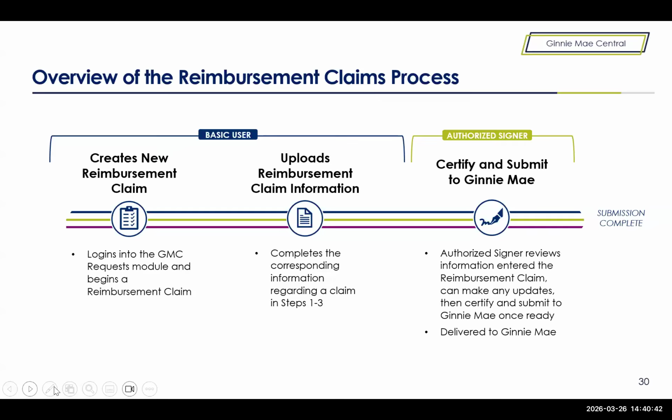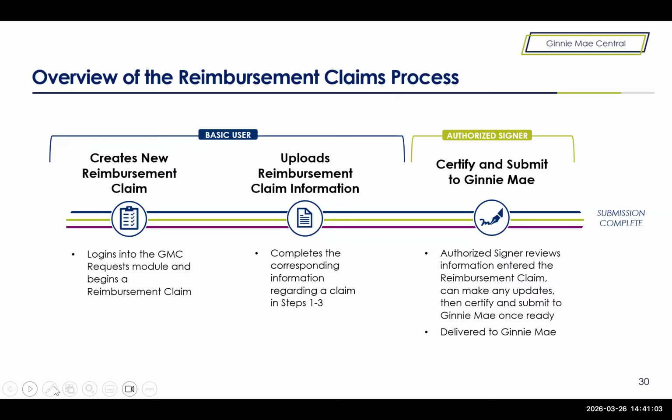And then once those 3 steps are fully completed, that is when you'll get to a review screen. If you are the basic user, you're going to see a note that you're not able to certify and submit. That is when you would reach out to your organization's authorized signer to let them know that the claim is ready for their review.